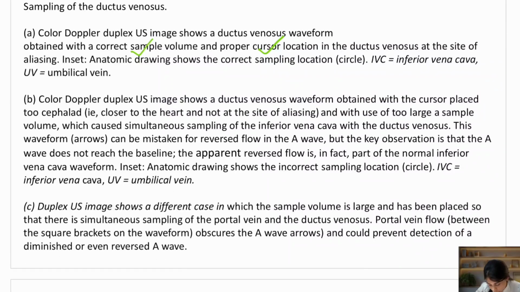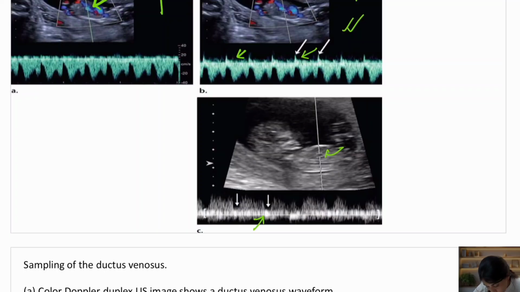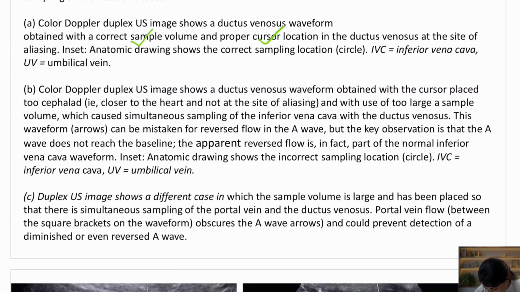Okay, and in the third case, the sample volume is so large that there is simultaneous sampling of the portal vein and the ductus venosus. Okay, so the sample volume gate is very important. It should be small, 0.5 to 1 mm, otherwise there will be simultaneous sampling of the adjacent vessels. And also where you place that sample is very important.